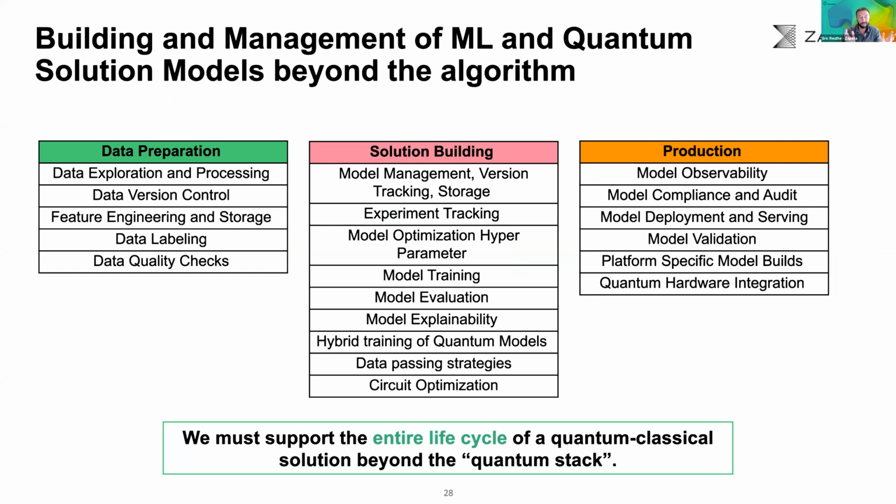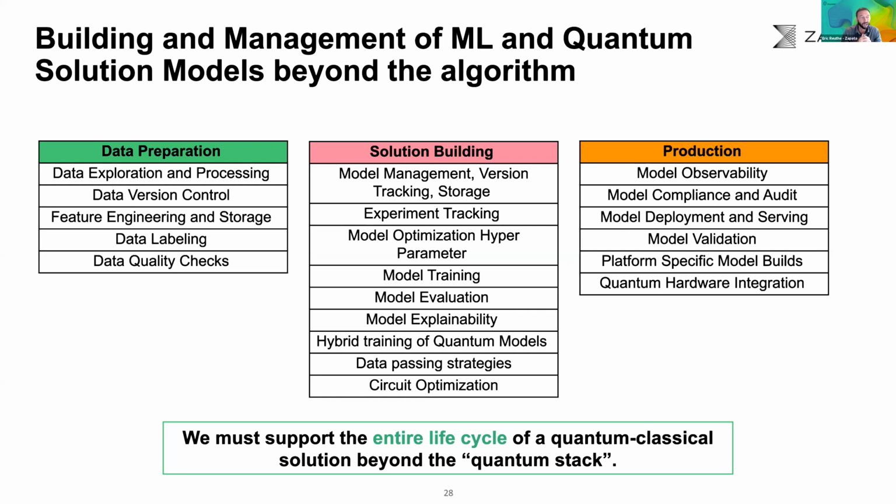And because 80% of the solutions that we develop for quantum really are still classical, we can look at what it takes to actually build, maintain, and deploy a machine learning model, and add the additional issues of circuit optimization and quantum hardware integration with it as well.